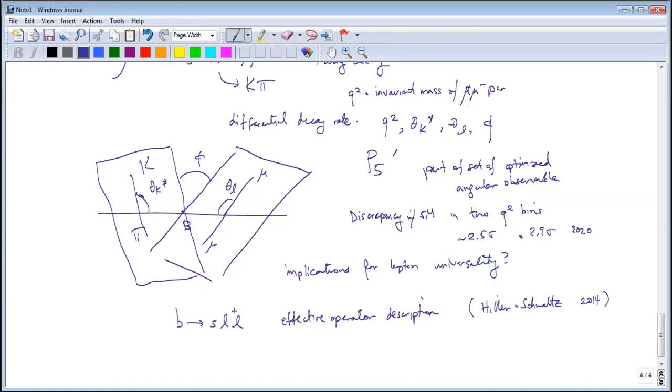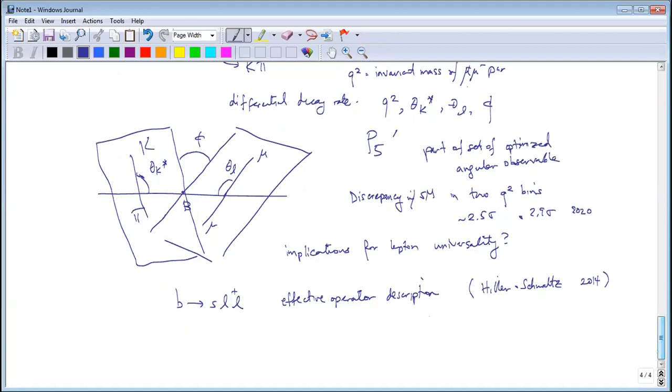So let's talk about then, what is the process that we're looking at essentially? Let's just look at the important effective operator that you have. You can imagine it looking like so. There's some sort of blob, and then there's the B goes to S, L, L, okay? And we know, for example, in the standard model, we can open this thing up. Here would be, for example, a W, here's a T. Okay, this could be a Z here.